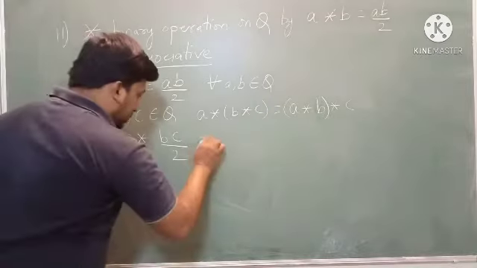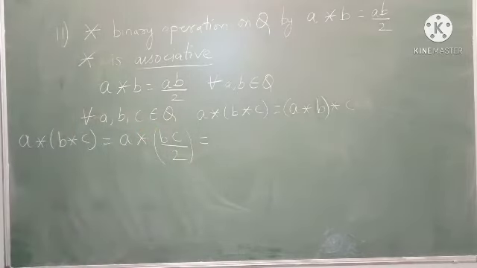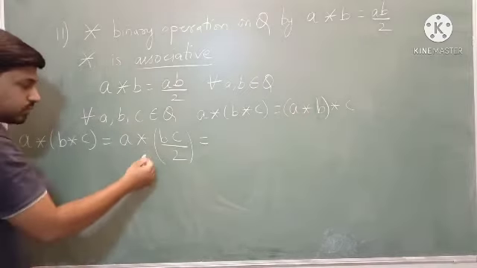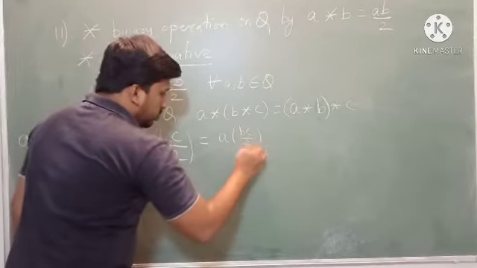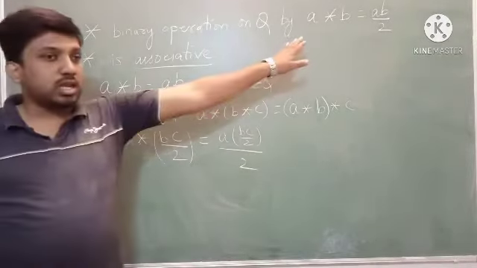Now I will consider this as one entity. Since A star B is AB by 2, we can take this as A star BC by 2, which is A into BC by 2 by 2. The same binary operation I am operating here.